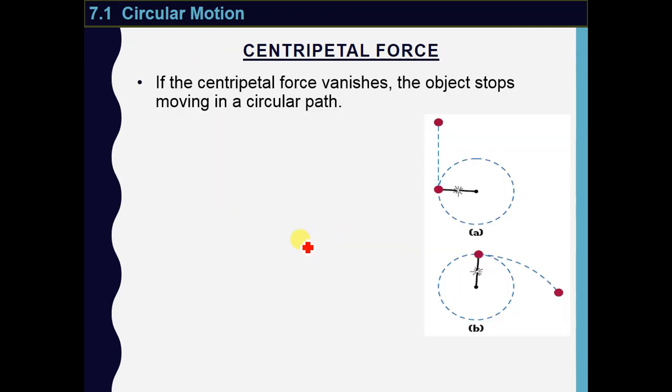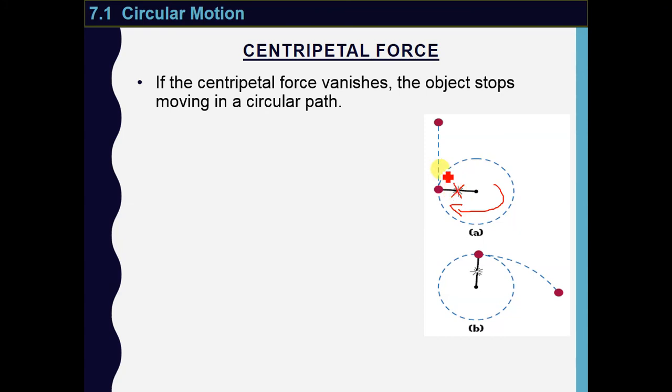Okay, so let's say here the last part for today, that you are moving a ball which is attached to a string. Let's say that the string, at a specific position, breaks. So what will happen to the ball if you are moving it like this? Look, girls, at this position exactly, the centripetal force has gone.